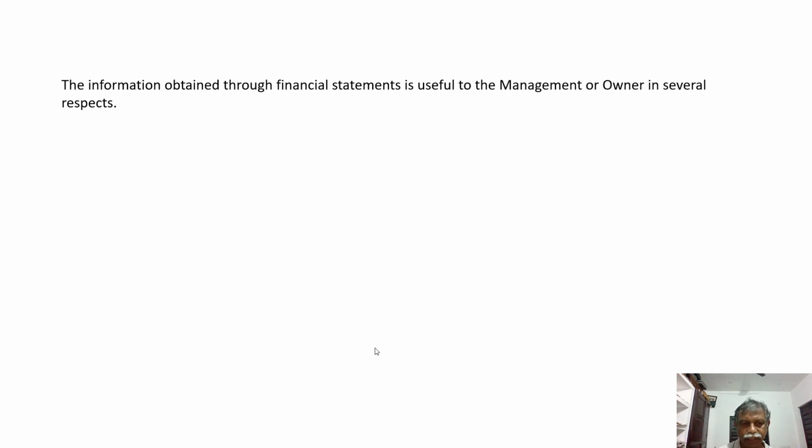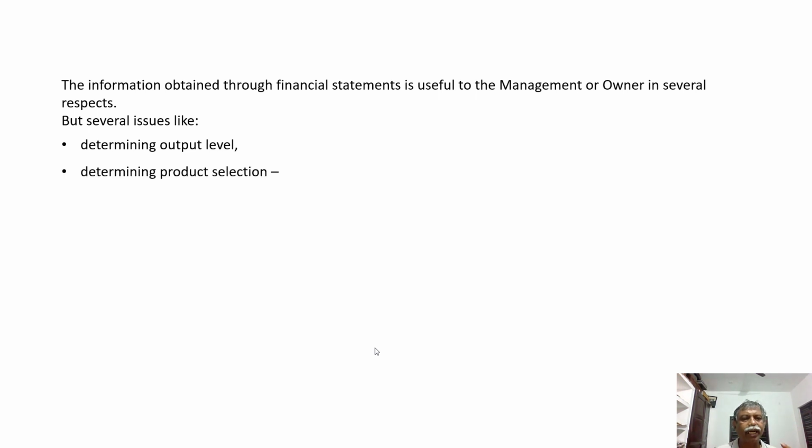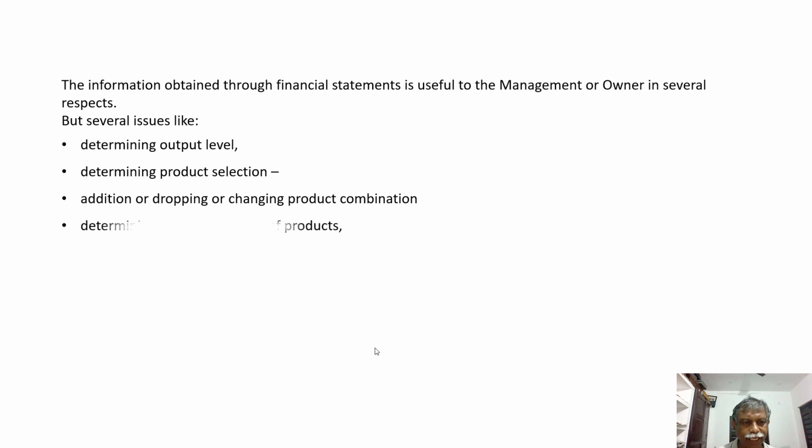But there is much other information which is not available in financial statements, that is profit and loss account and balance sheet. So for example, how much output level I must produce. What is the output level? And which product I should continue, and which product I should stop or which product I should change, right?